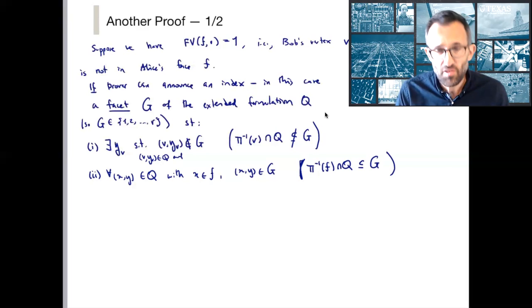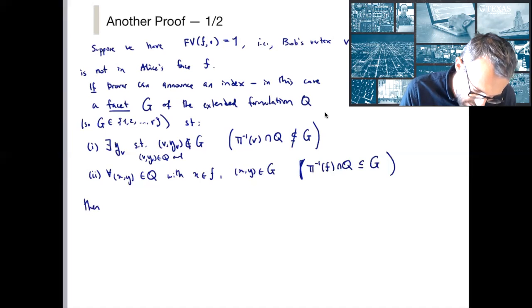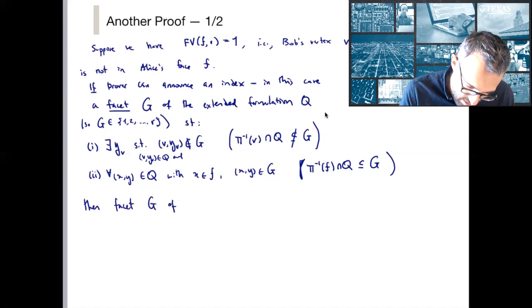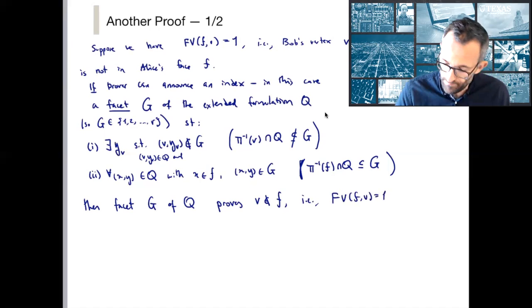So if the prover can announce a G that satisfies both of these things, then the facet G of Q is a proof that V, Bob's vertex, is not in the face. In other words, that FV of little f, little v is equal to 1.